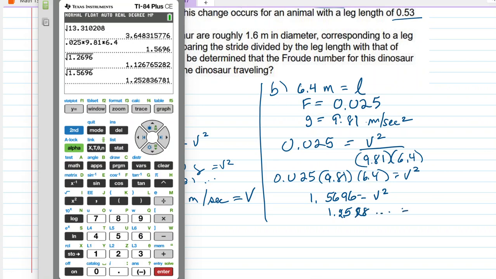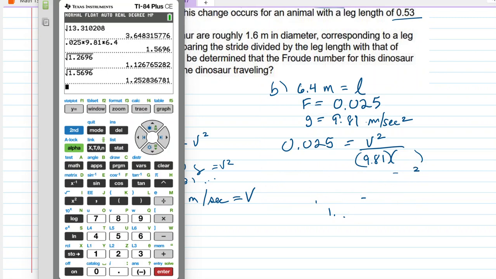And that'll give us, multiply everything. Oh no, I made a mistake all the way through. I have to go back up there. I am so sorry. I put 6.4.